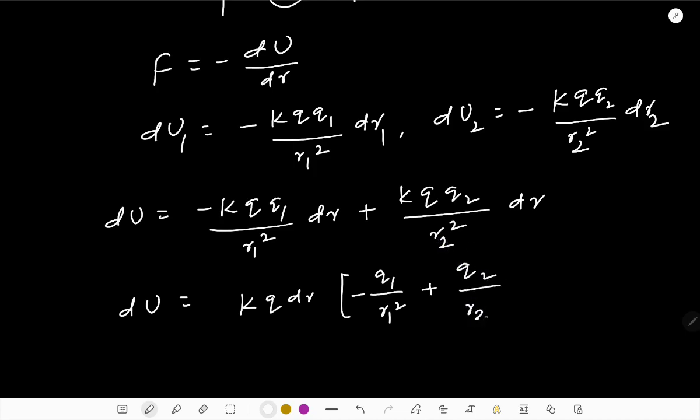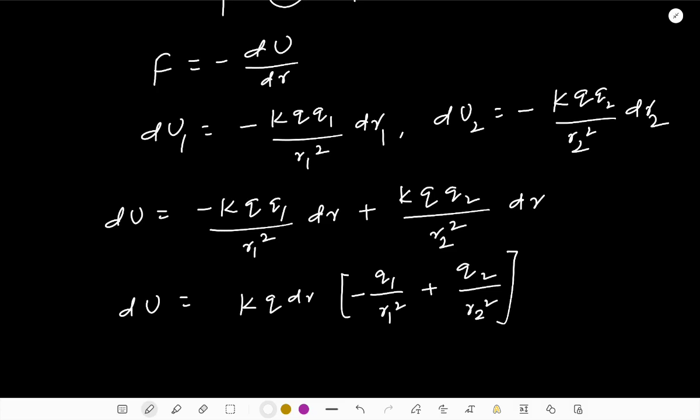This is the small infinitesimal change in the system after we infinitesimally shift the ring from its equilibrium position.